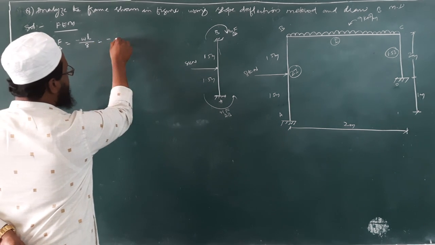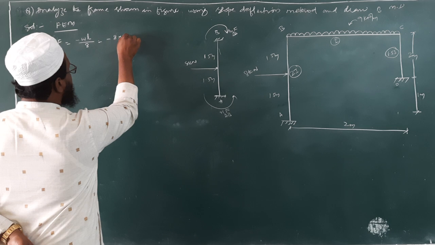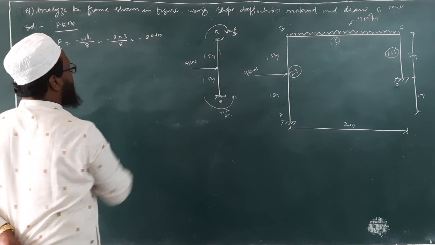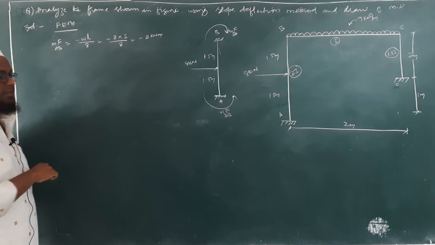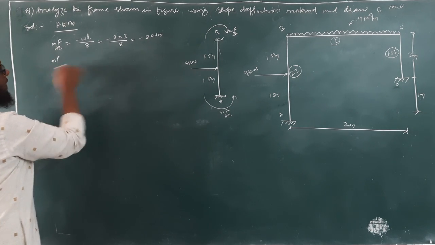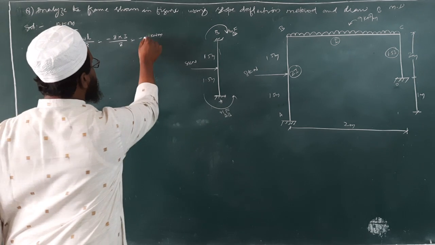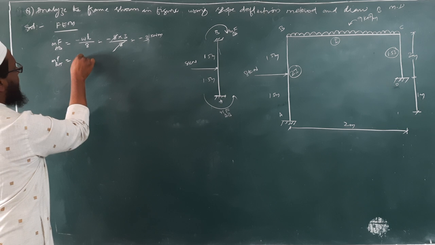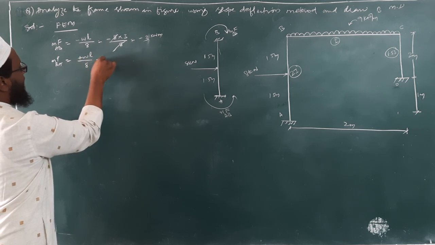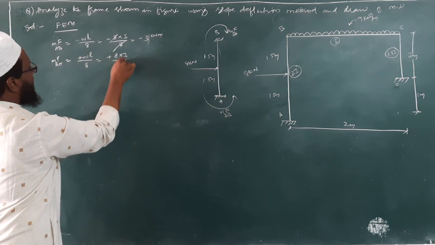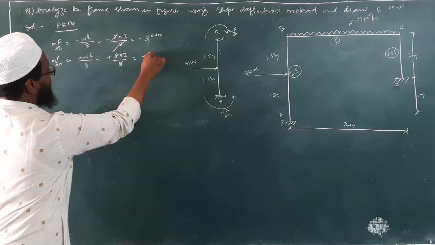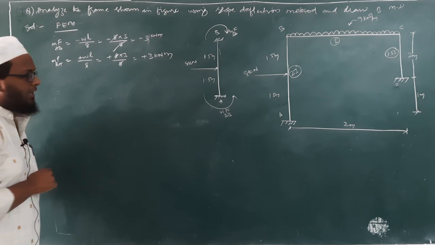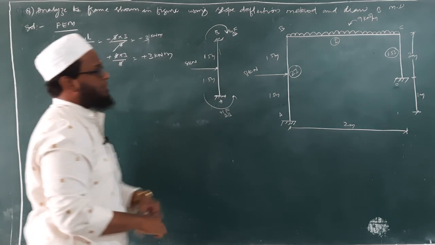So minus W is how much? 8 into 3 by 8. How much? Minus 8 kilonewton meter. Yes? No. Okay, sorry, minus 3, sorry. Minus 3, this one and this one. So what? MF BA plus WL by 8. So plus 8 into 3 by 8, plus 3 kilonewton meter.